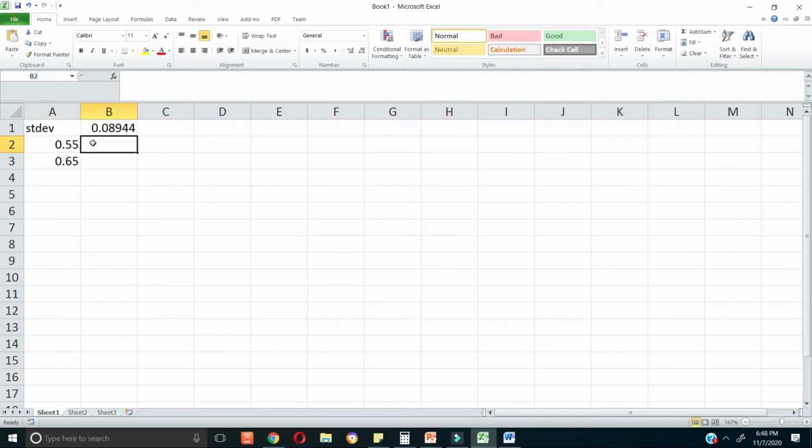It's going to be computing the z scores. x minus mu must give us minus 0.05 divided by this value over here, and then here it is going to be 0.05, and it gives us that value over here.